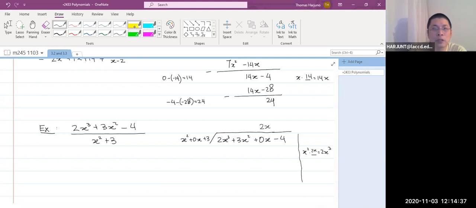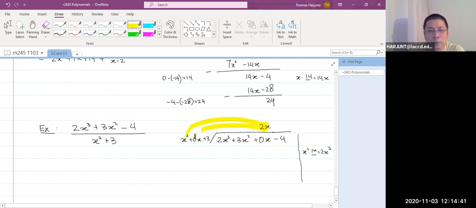Now this 2x should then be distributed to each term. So that will be 2x cubed as we expect, plus 0x squared, plus 6x. Then I subtract.